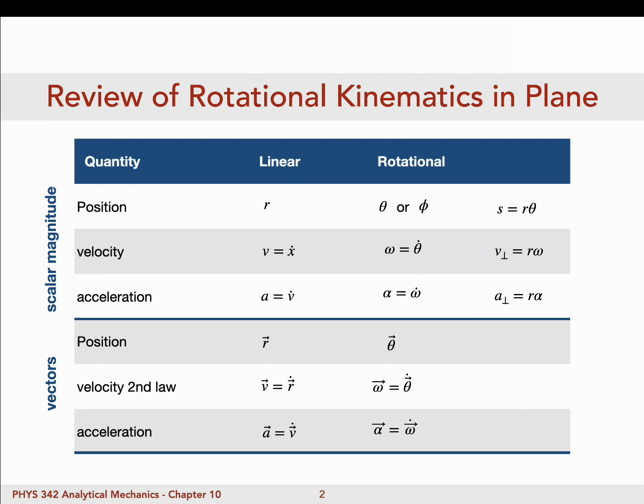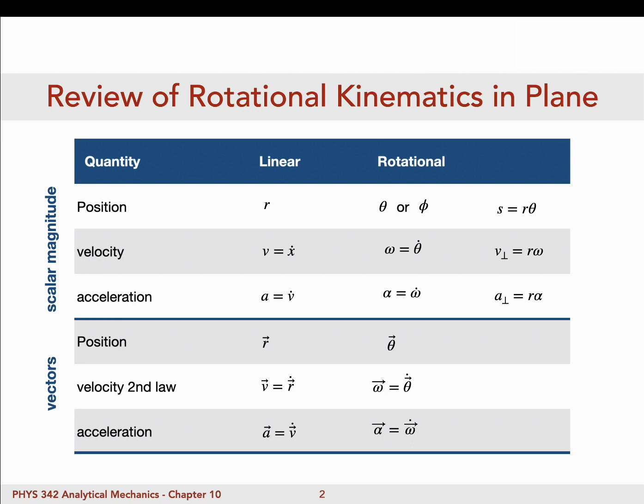them by r. So the linear tangential velocity is r times the angular velocity, and the linear tangential acceleration is r times the angular acceleration. The case for position is slightly different. S, the arc length along the curve, is equal to r times theta.